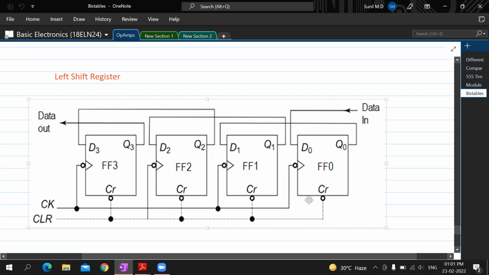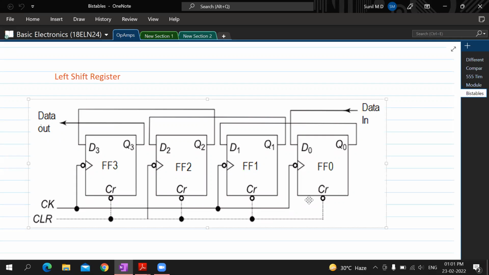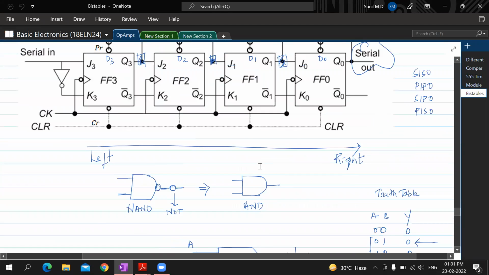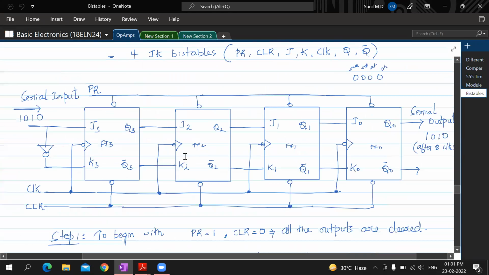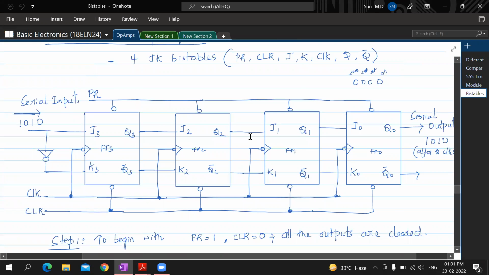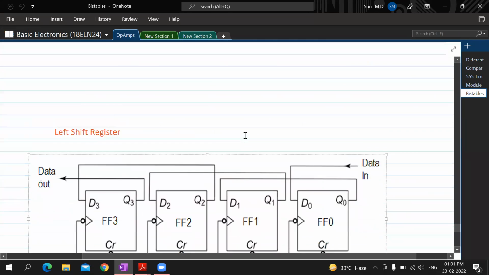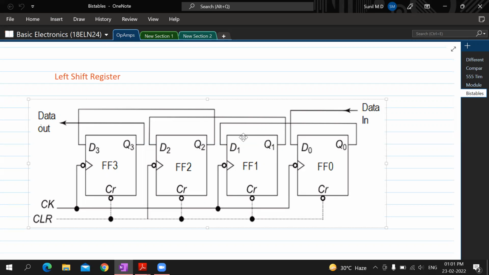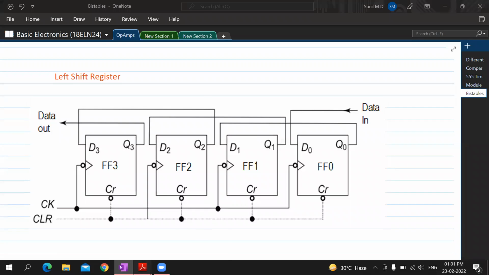Gates are not used. Yes? Gates are missing. Fine. No, compared to this, what is the difference you're finding here in this particular one? Reset. Yes. Anybody? Let me just show you that here.